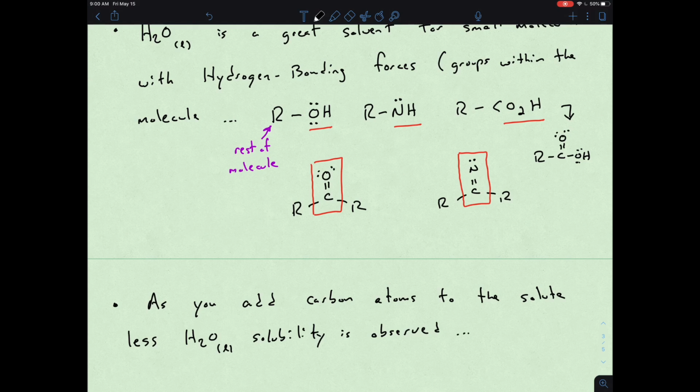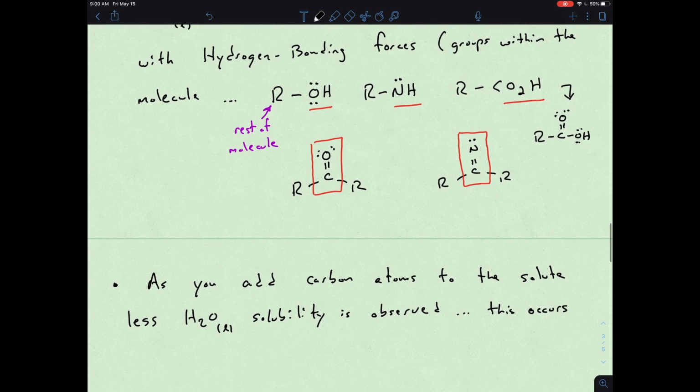And this occurs right around carbons being greater than or equal to 4 within a molecule.